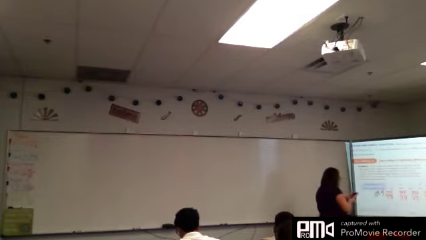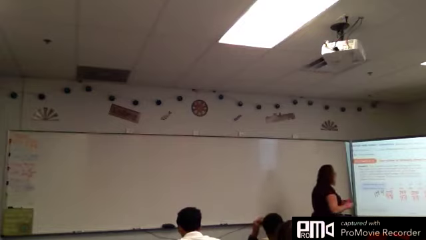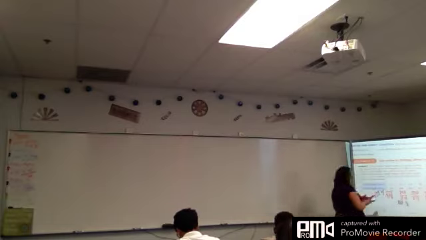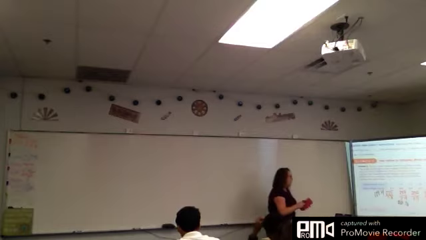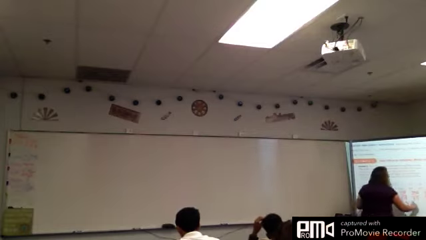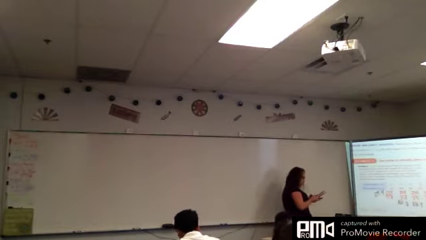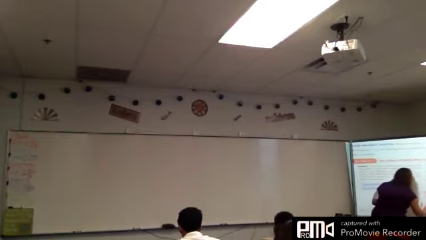What is 290 divided by 2.4? 120.8. 350 divided by 2.9. What about 430 divided by 3.6? 119.4.